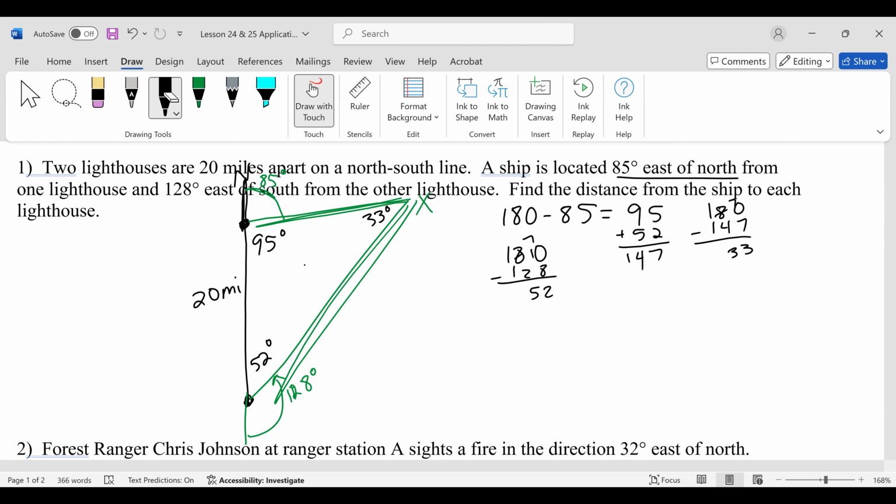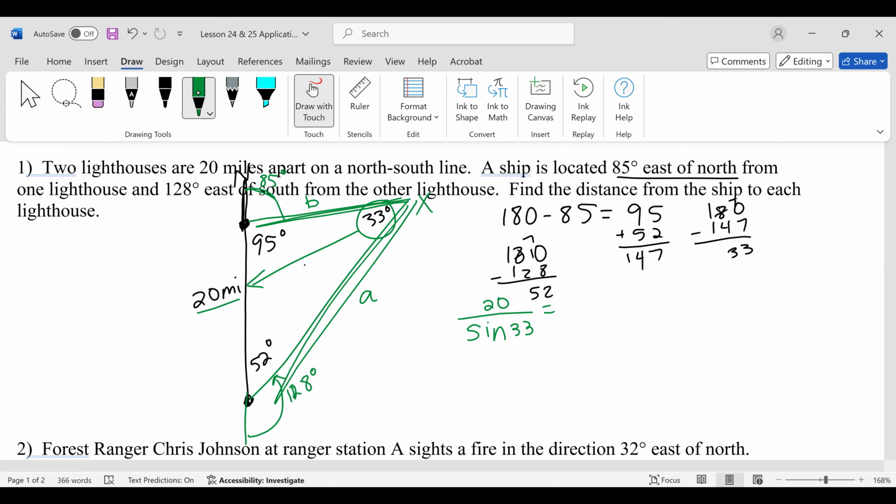Okay, so now I can use law of sines because I have a pair. I have angle 33 across from its side 20. So I can do sine of 33 with the 20. And I'll label this A. We can find side A and side B. I'll do B first.